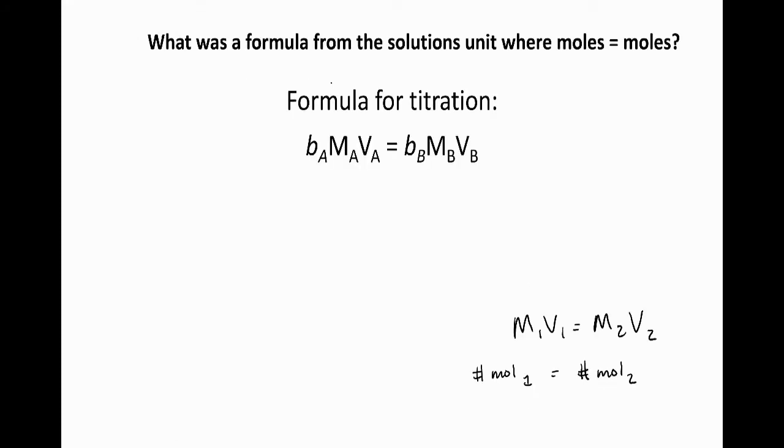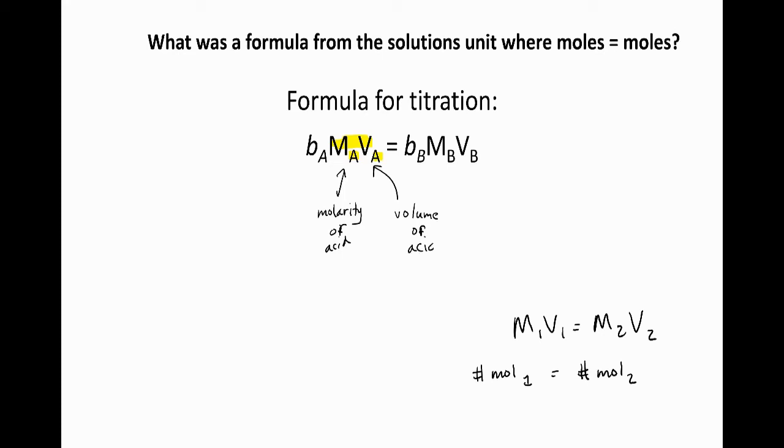And so the formula for titration that we're going to use is, here's the similar part, the M's and the V's, if you will. But instead of 1 and 2, we're going to use A's for acids and B's for bases. So MA, this is the molarity or the concentration of acid. The VA is the volume of your acid.